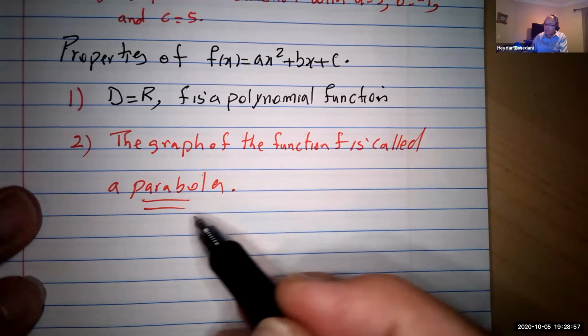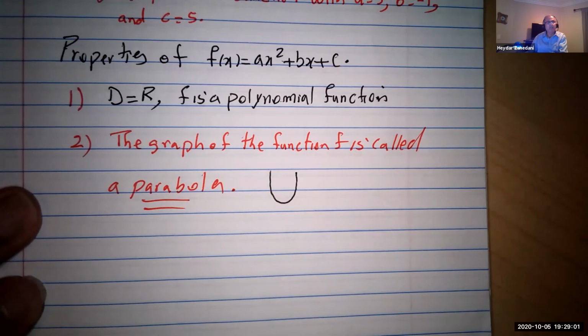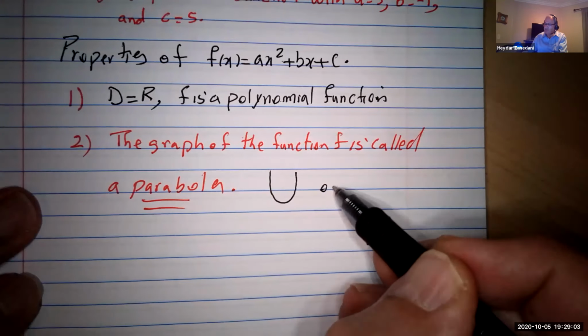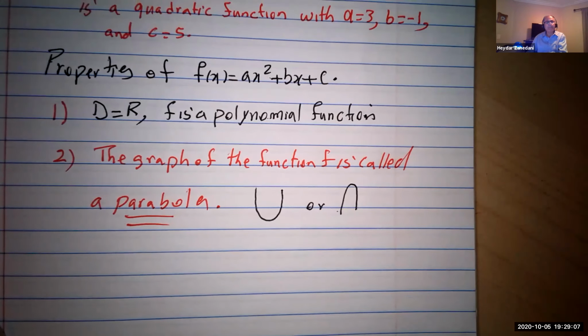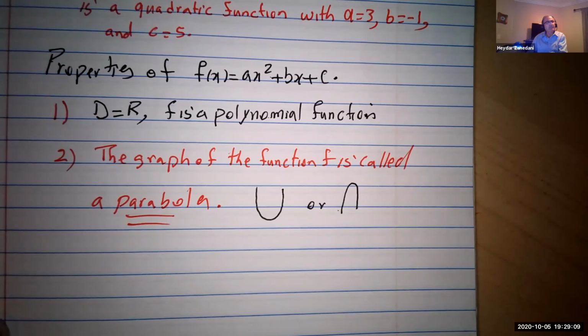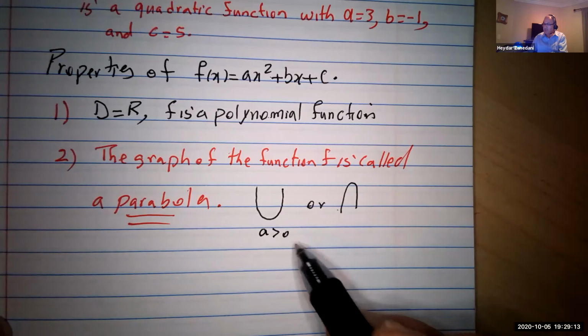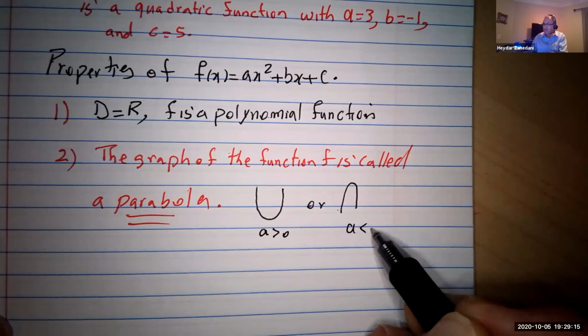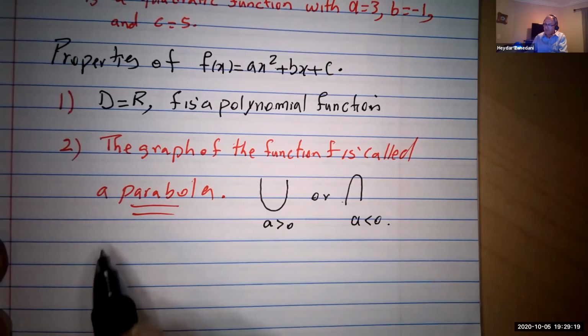So the graph of the parabola can be open upward, that's one, or it can be open downwards. It's going to be open up if a is positive, and it's going to be open down if a is negative.